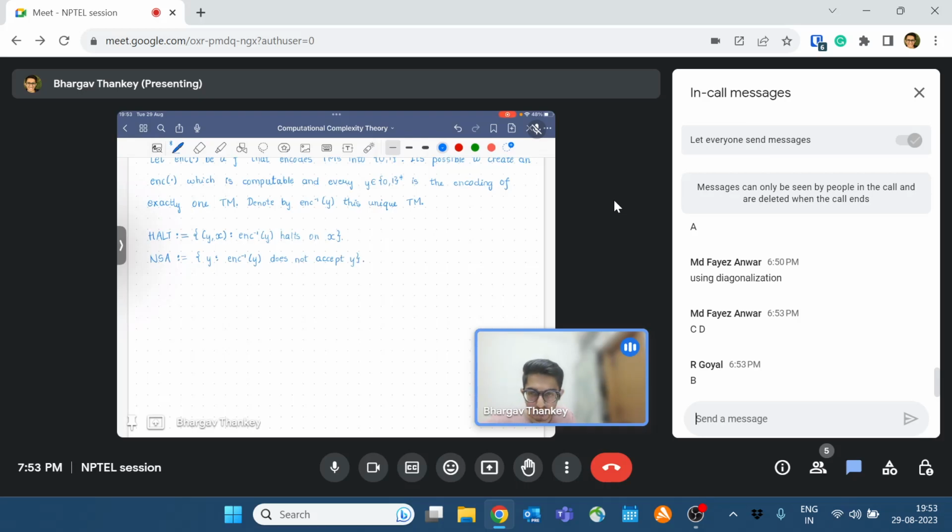And what do I mean by it does not accept y? It either rejects y or on input y it never halts. Both of them mean that y is not accepted, okay? And self-accepting is y such that ENC inverse y accepts y.